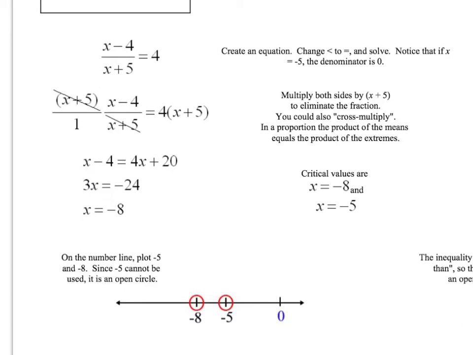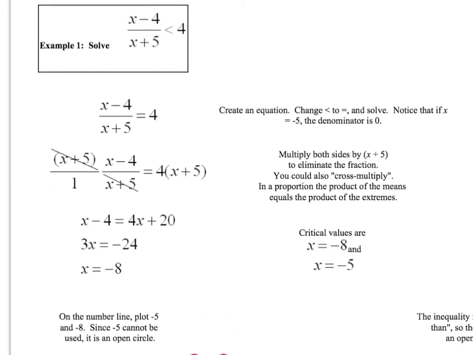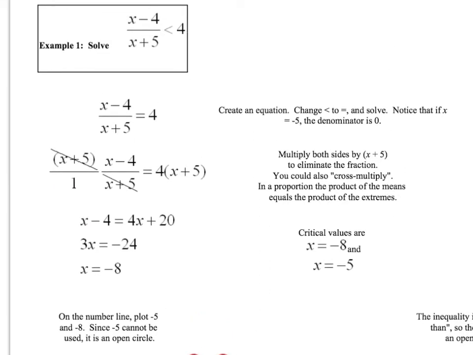Now one thing that's important, like it was important yesterday, is we have to see what values would force the denominator in the original equation to be a 0. So you ask yourself, what number would I plug into x so that the denominator would be a 0? In this case, it would be negative 5, because negative 5 plus 5 is 0.